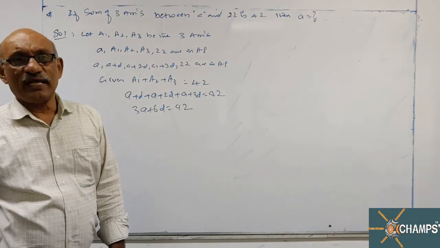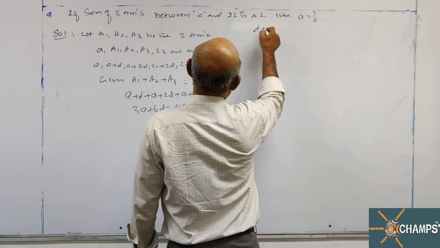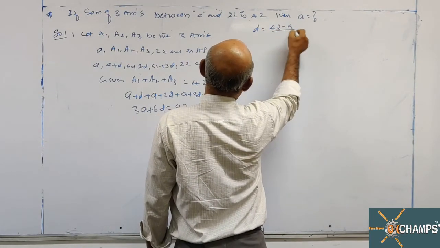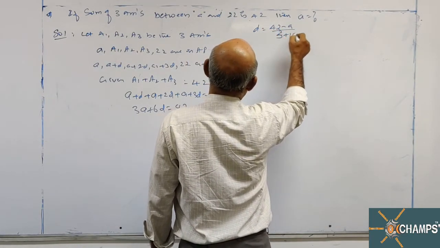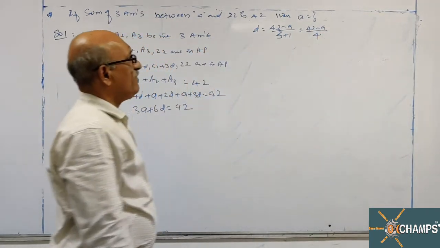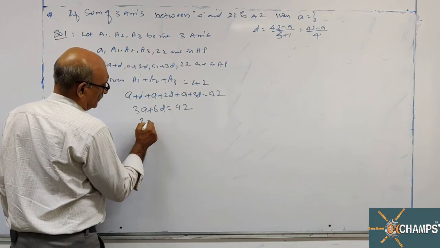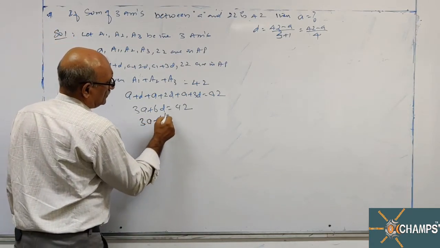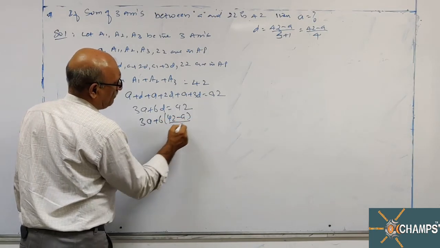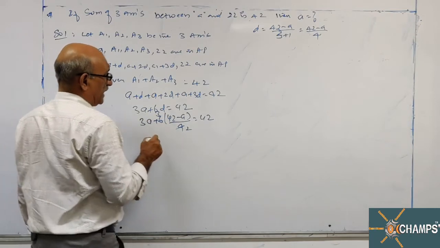Two variables are there. Let us convert into one variable. D is equal to last term minus first term by number of arithmetic means plus 1. So D value is 42 minus A by 4. Then 2 will go 2 times, 2 will go 3 times.